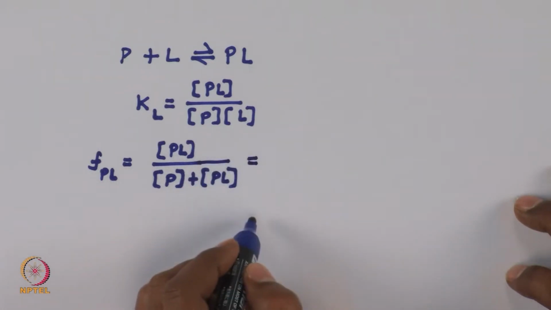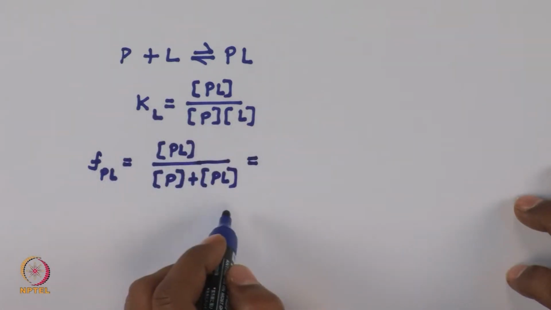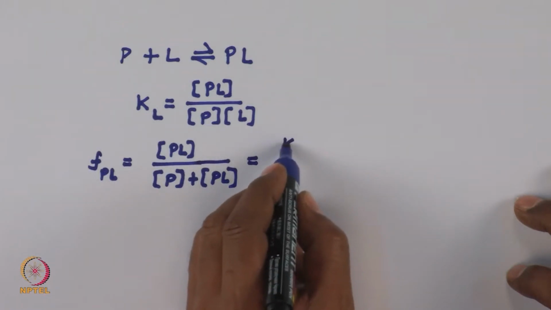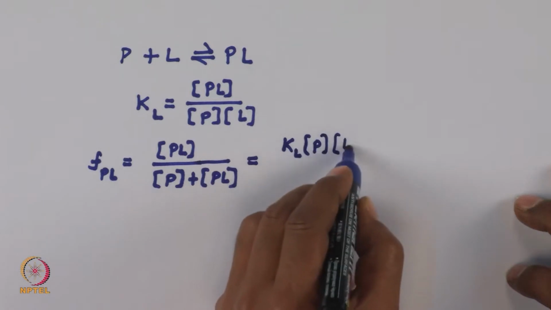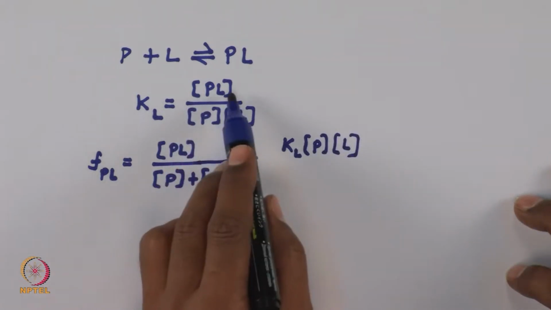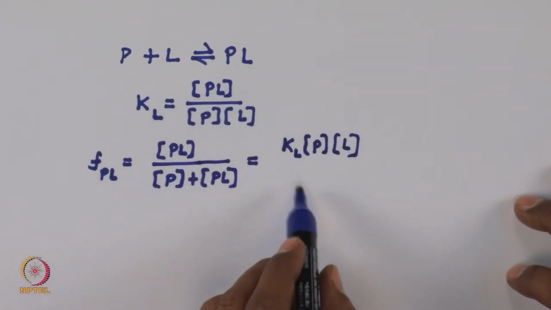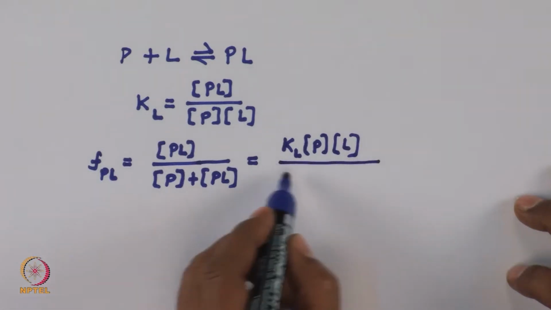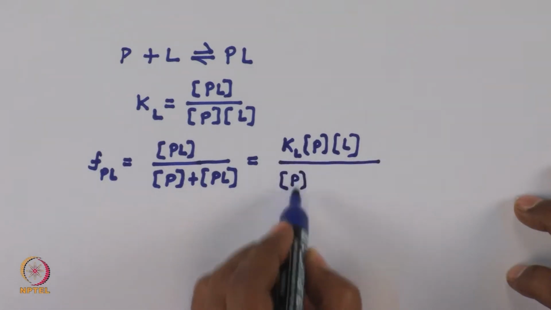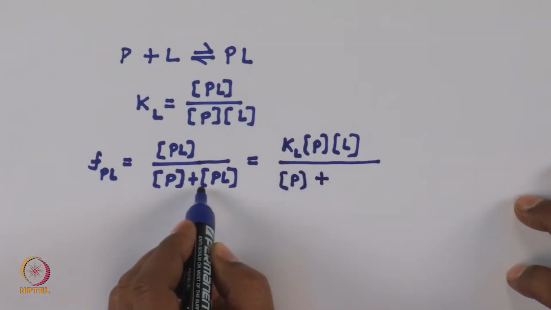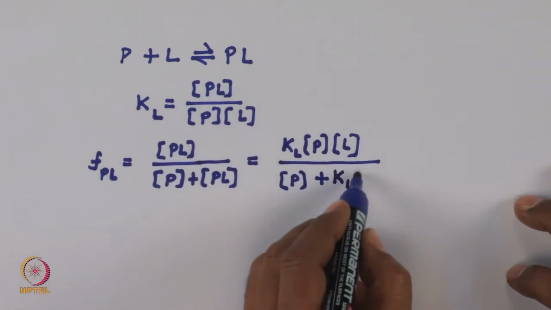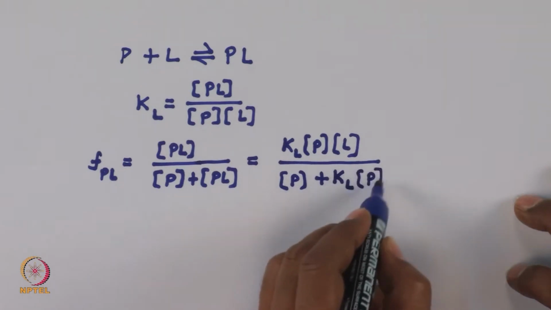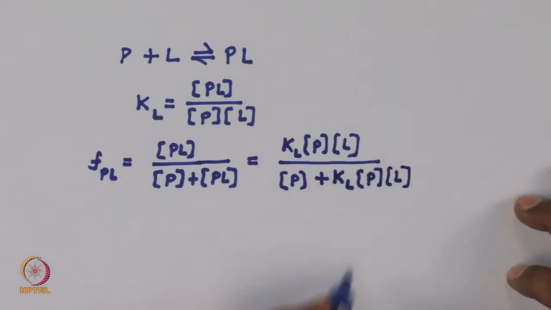So, for PL I can write from here, KL into P into L, substituting over here, and down there I have P plus, again for PL I will write KL into concentration of P into concentration of L.